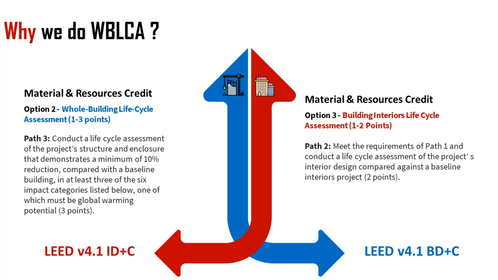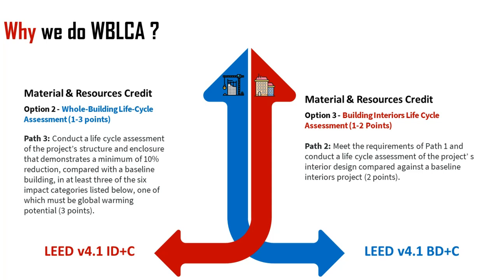So under the ID plus C framework, using building LCA, how many points can you get maximum? 2 points, right? Along with this path 2, if you have any other paths and can make combinations of synergies, then you may be able to get an additional 1 point or a couple of points. But with respect to building LCA, these are the combinations we have, right?